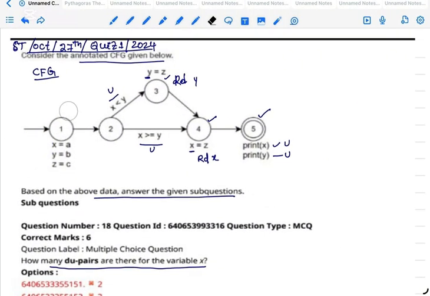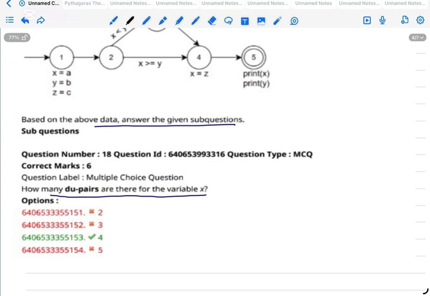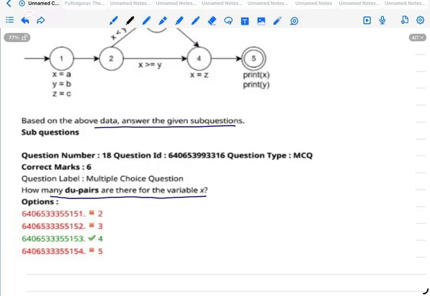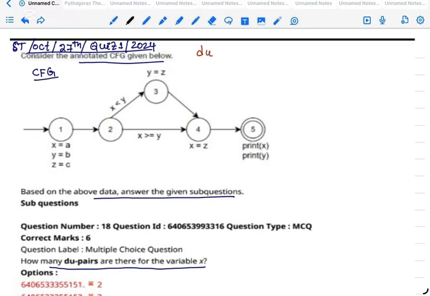So how to solve this question? In the question they are asking how many du pairs there are for the variable x. So what is meant by du pairs? D means definition, u means use, so definition and use pairs for the variable x.